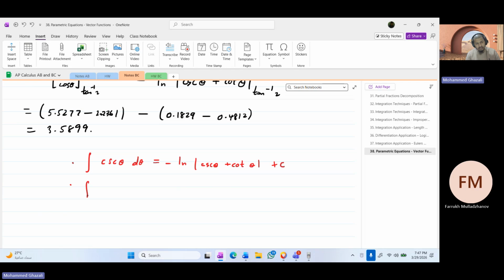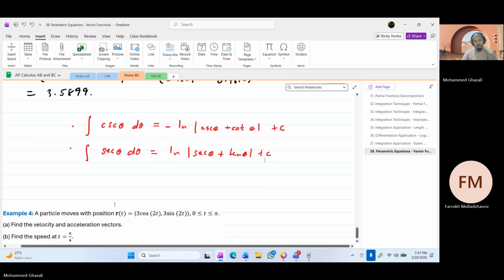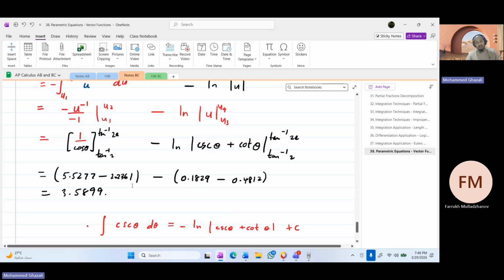And another important point: what about sec theta? That is just len sec theta plus tan theta, plus c, because you're integrating not a pair, you're integrating singles. You understand? Great.